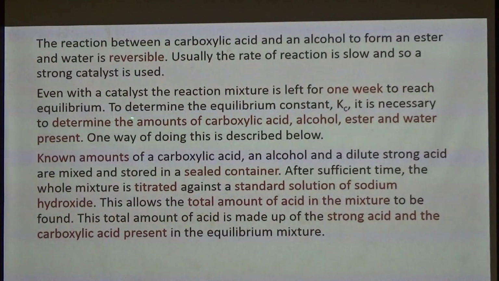To determine the Kc value, it is necessary to determine, and this is what you will need to do subsequently, the amounts of acid that you use, alcohol that you use, ester that is formed, and water that is formed. So the different components of reactants and product. And then they go on to describe one way of doing this.